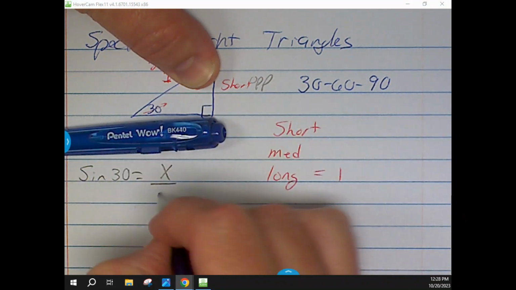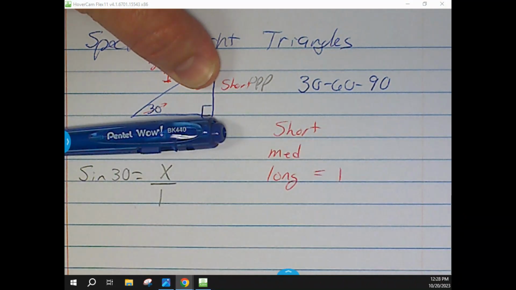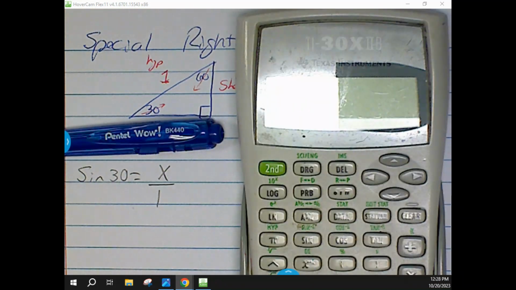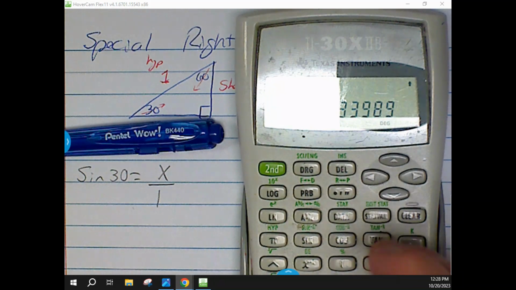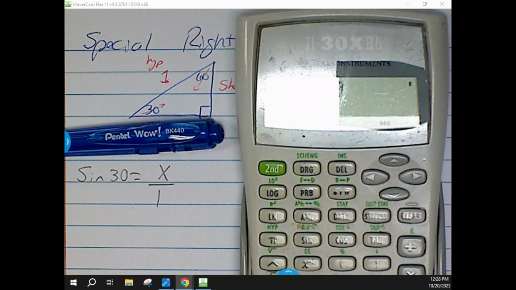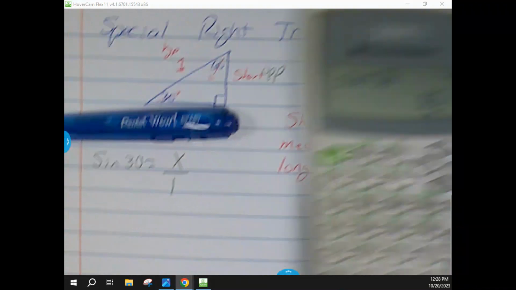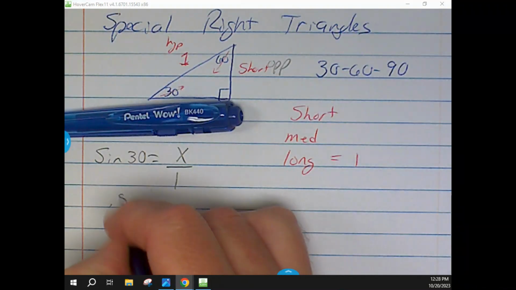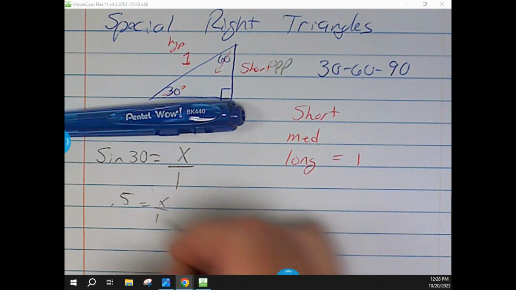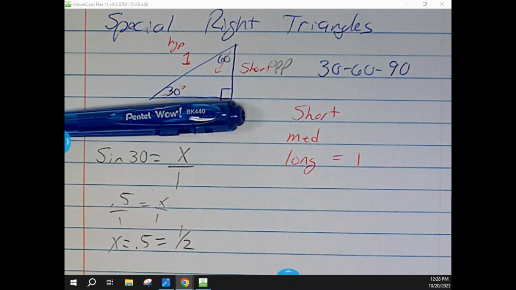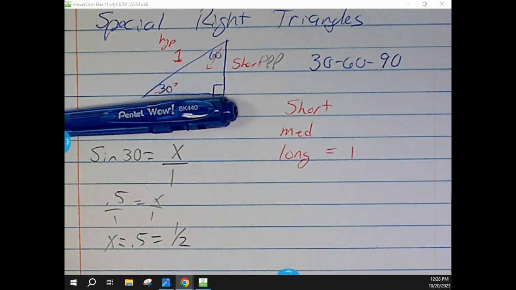We know the hypotenuse is 1. If we punch in sine of 30, that tells us it's going to be a half, or 0.5. So if we put that over 1 and do the cross products, x is still 0.5. But if you think about our numbers, that's going to be a half, in fraction form.